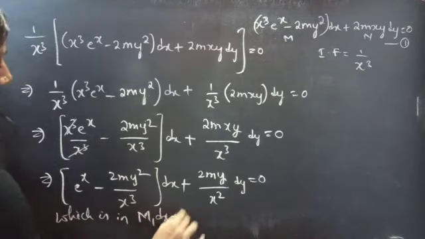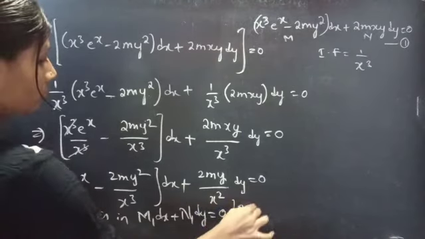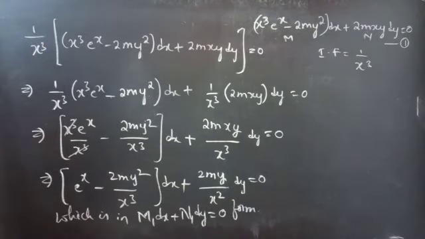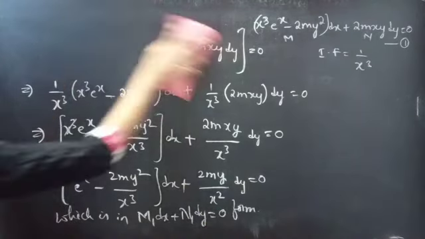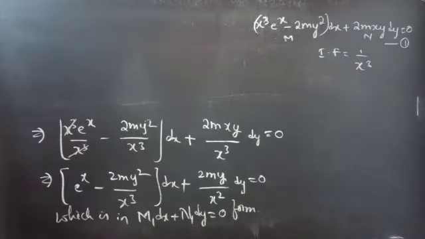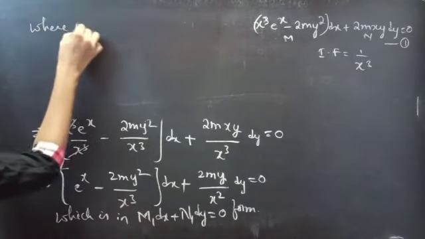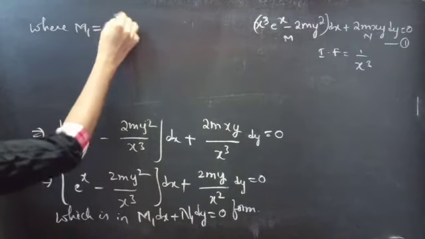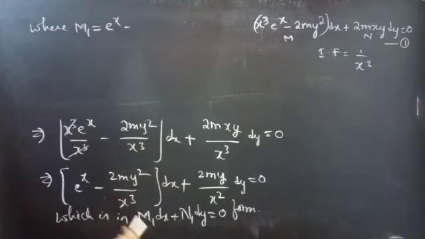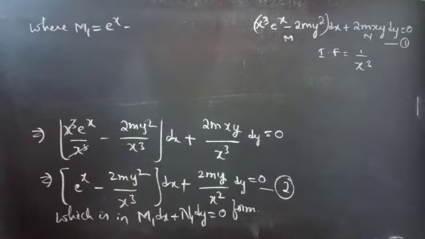which is in the m1 dx plus n1 dy equals 0 form, right? Where m1 equals e power x minus 2my square by x cube, by comparing these two we'll get m1. Consider this equation as equation 2, the equation obtained by multiplying the integrating factor.